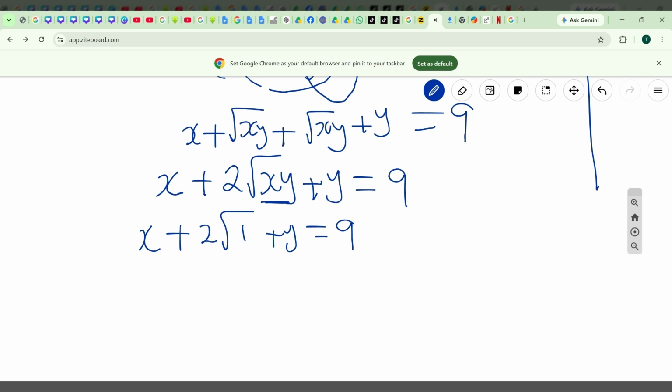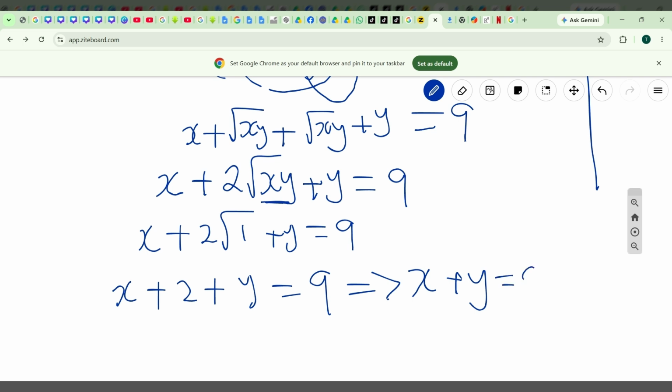Let's follow the steps as we go forward. We have x plus 2, the square root of 1 is 1, so 2 multiplied by 1 is 2, plus y is equal to 9. This is the same thing as saying x plus y is equal to 9 minus 2, which is 7.